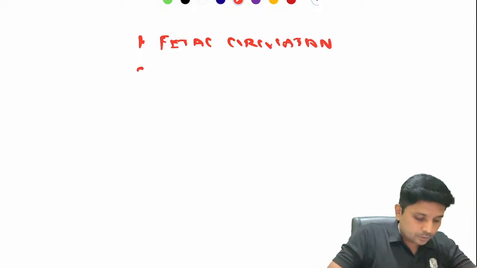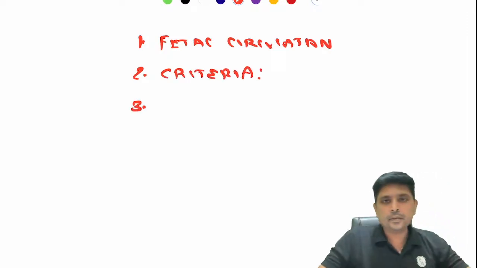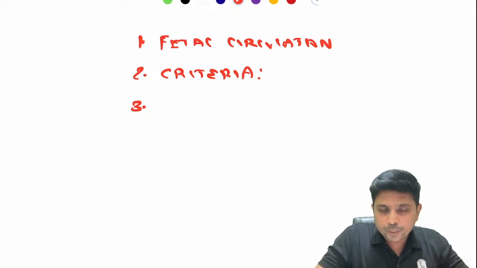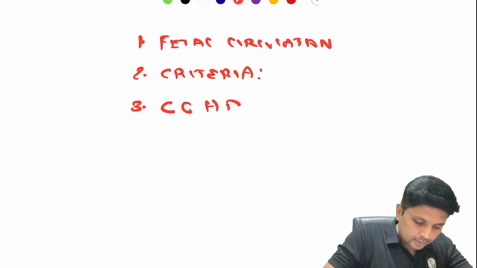Second one is certain criteria with respect to heart. Third one is certain criteria we have to learn. Fourth one is cyanotic congenital heart disease.